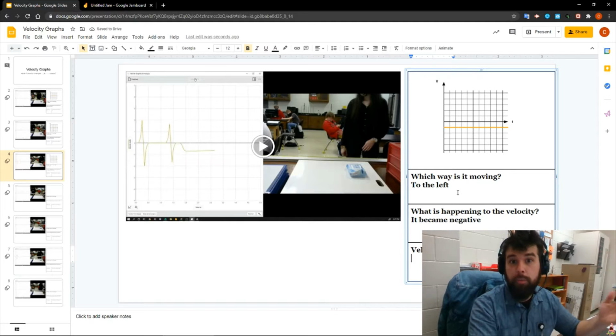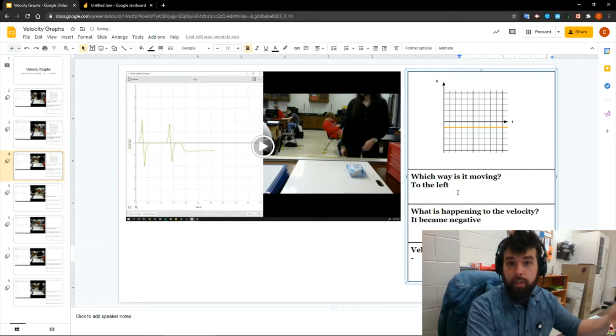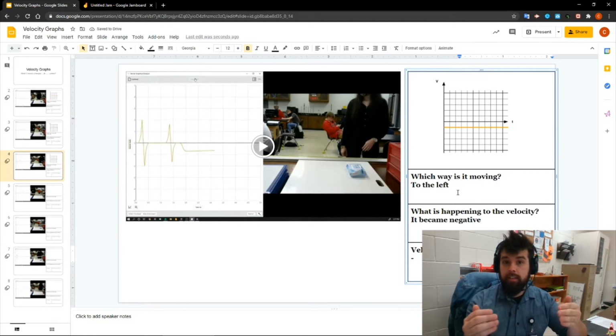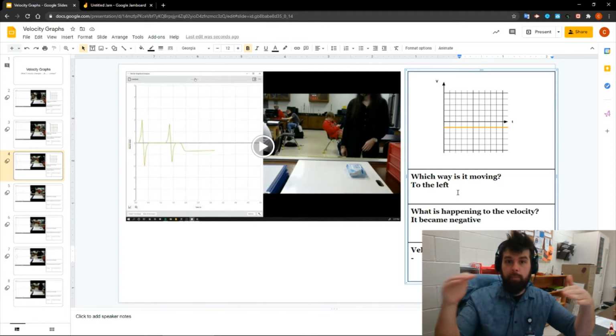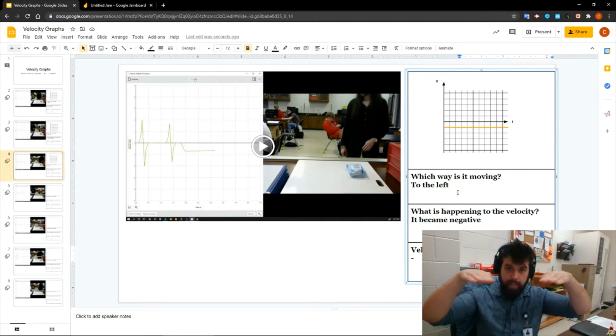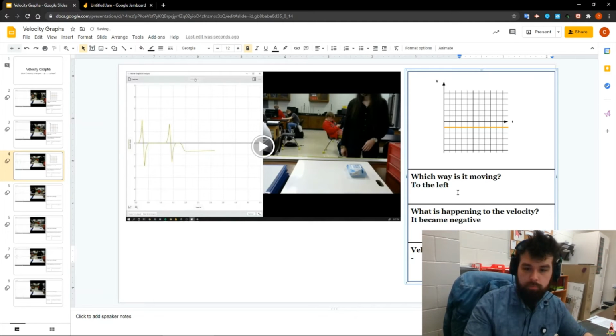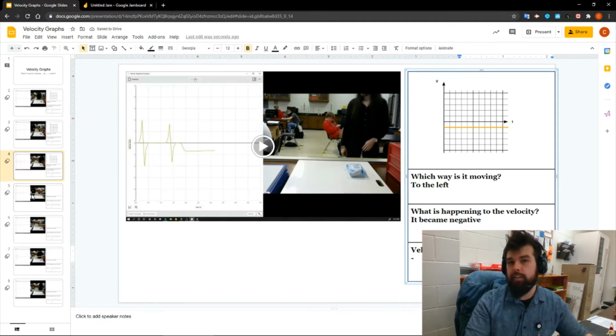And our acceleration is still 0, because again, we're not speeding up or slowing down, we just have this nice flat line. So still 0.